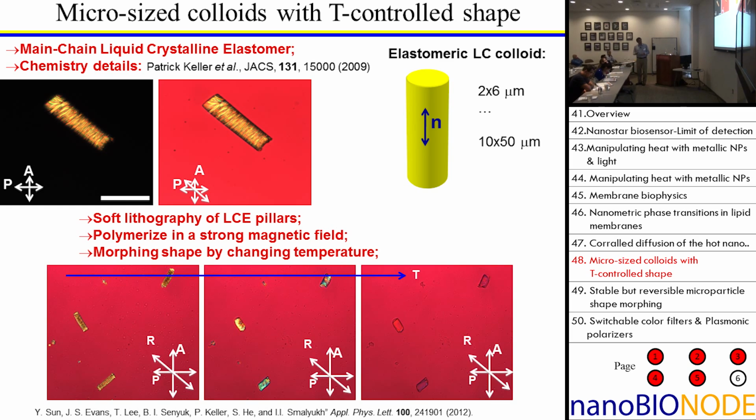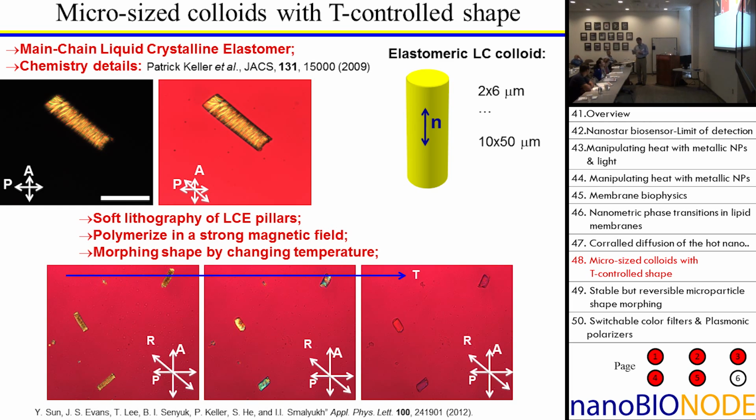Another example of the use of photoconversion is the case of those micromuscles, right? So you can imagine how many different practical applications something like this can have if you can actuate things with light, right?